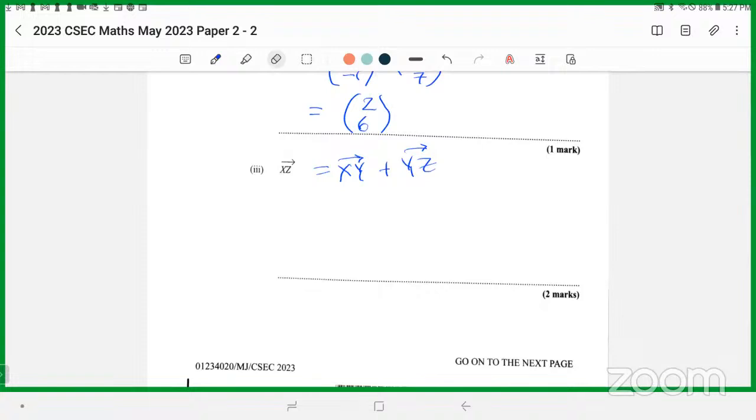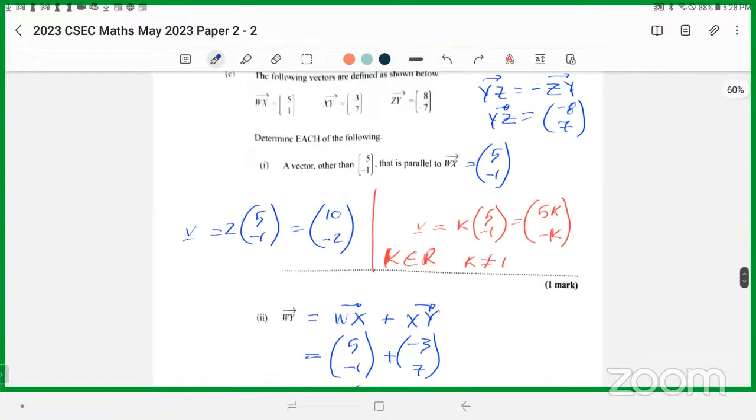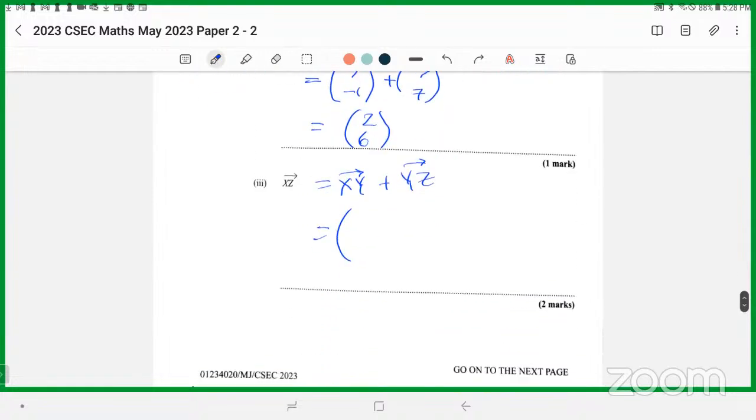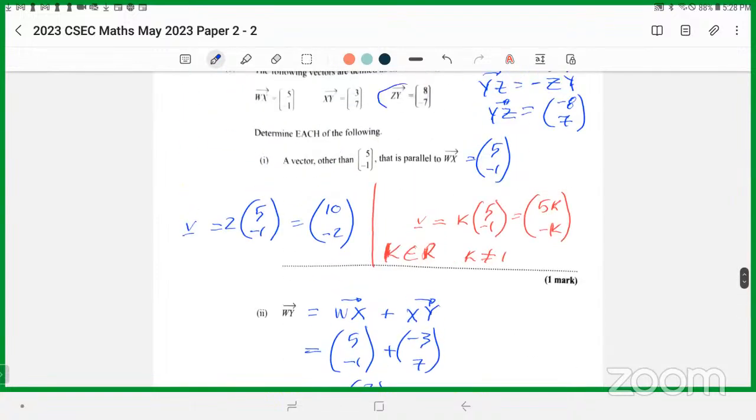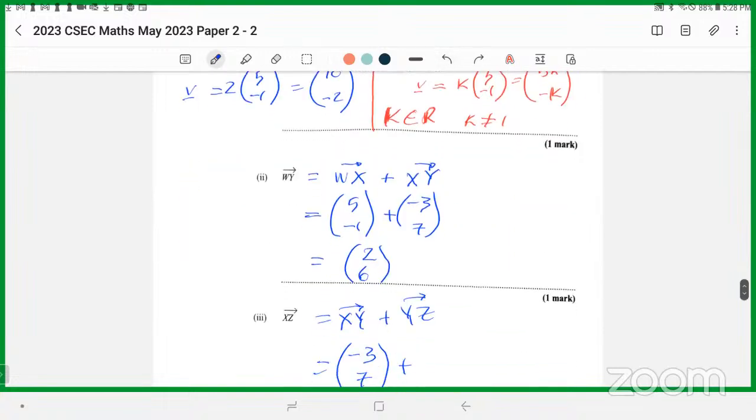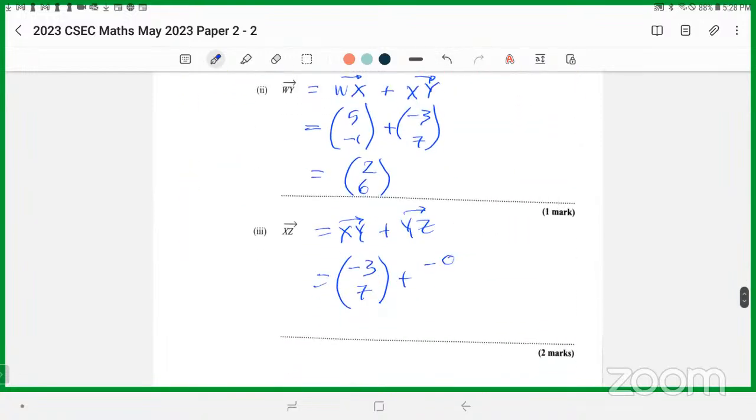That's it. All right. So the XY up here is minus 3, 7. And the YZ is a negative ZY, so it becomes negative 8, 7.